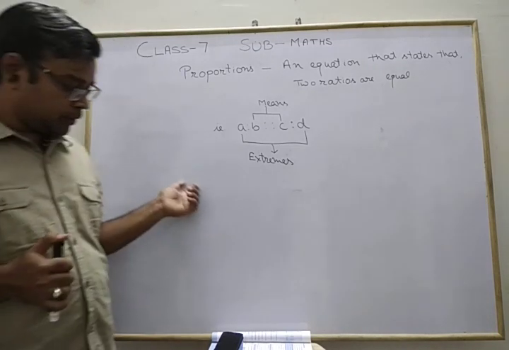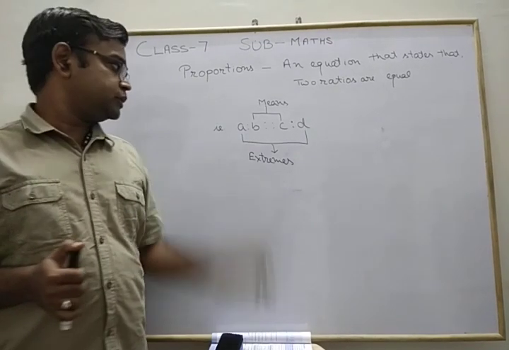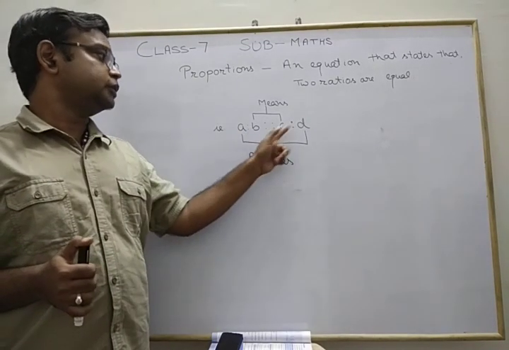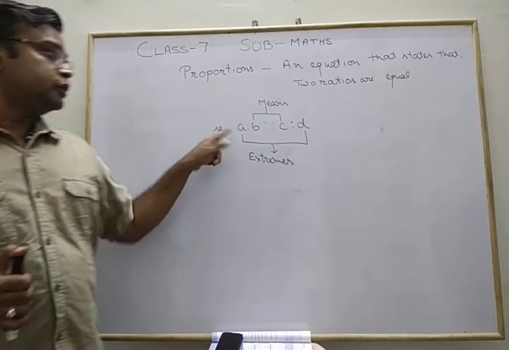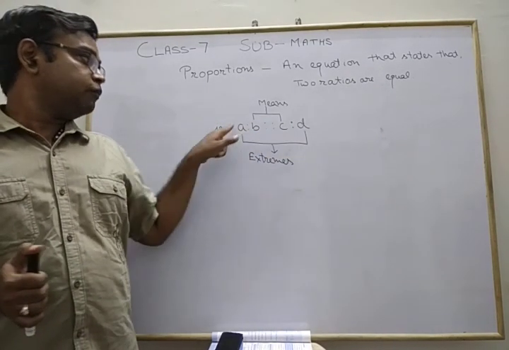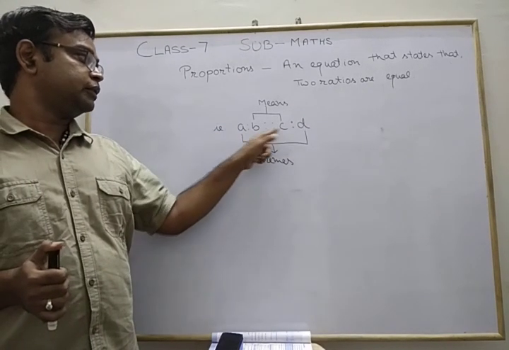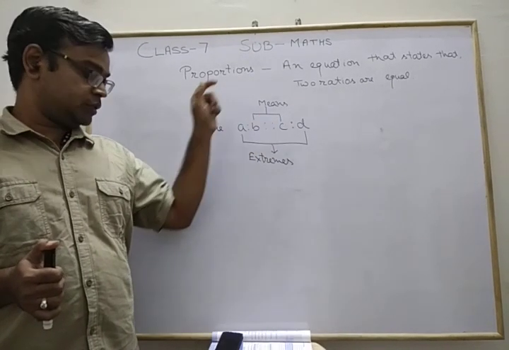So if we count number-wise: first term, second term, third term, fourth term. First and fourth are known as your extremes. Second and third are known as your means.